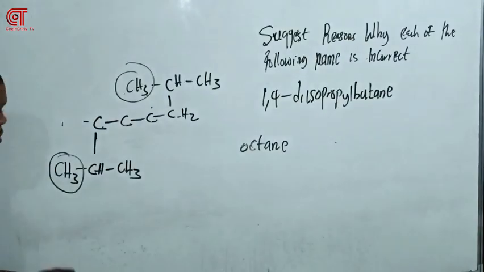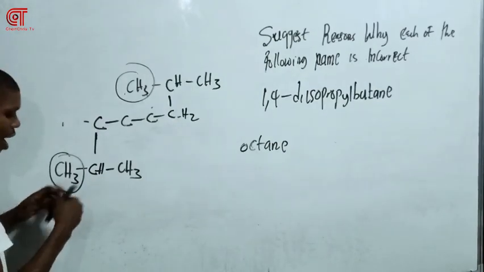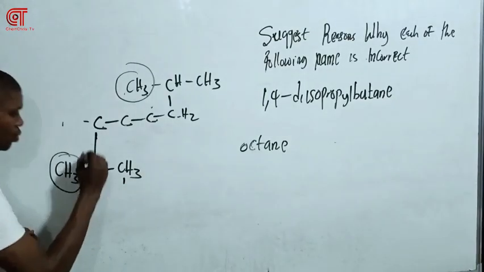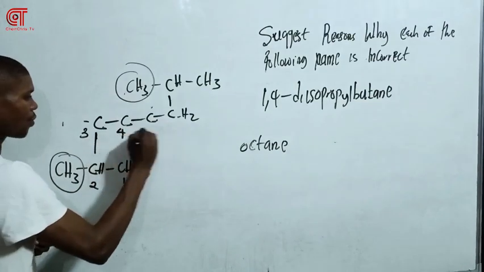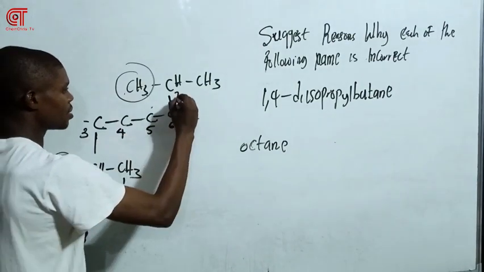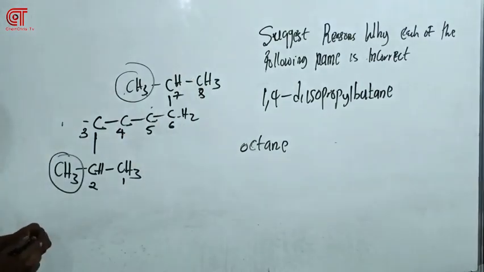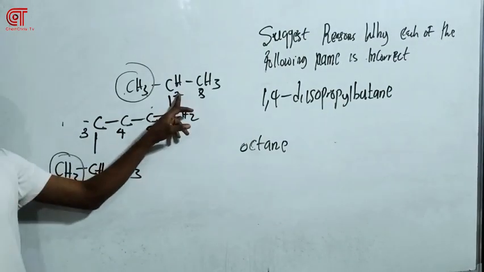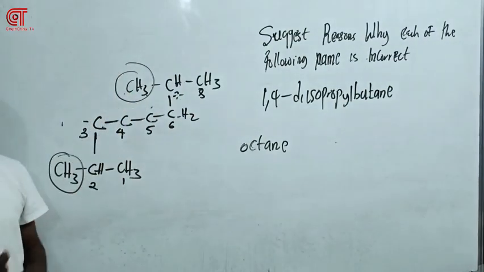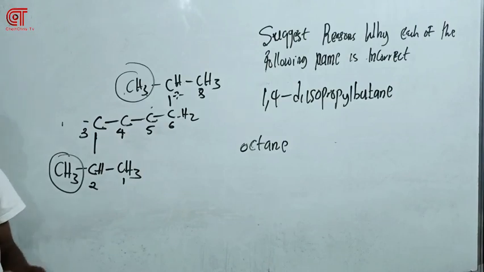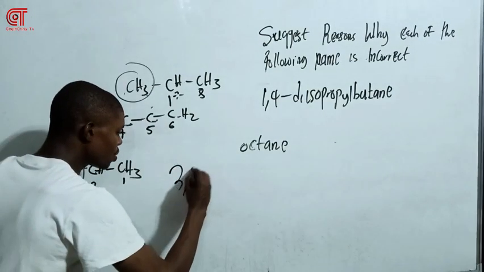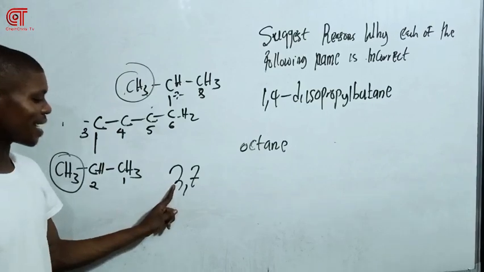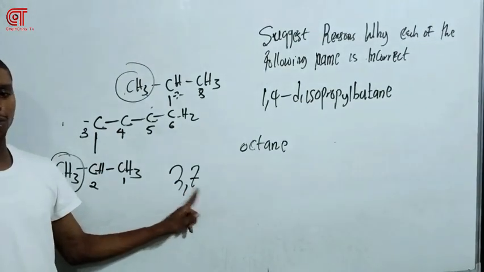So if I start my numbering from here, I have 1, 2, 3, 4, 5, 6, 7, 8. It means that carbon number 2 and carbon number 7 have 2 methyl groups. You get? So how am I going to write this? It's going to be 2,7. Remember, numbers are separated by a comma.